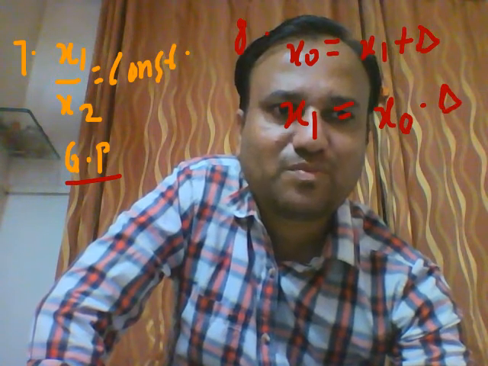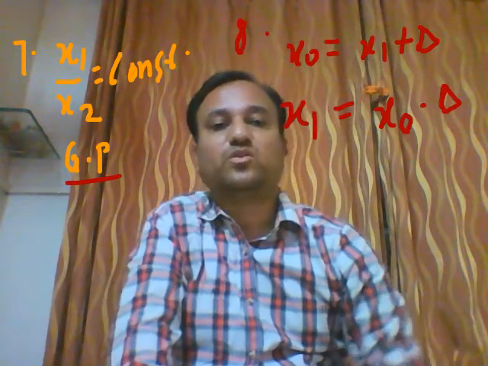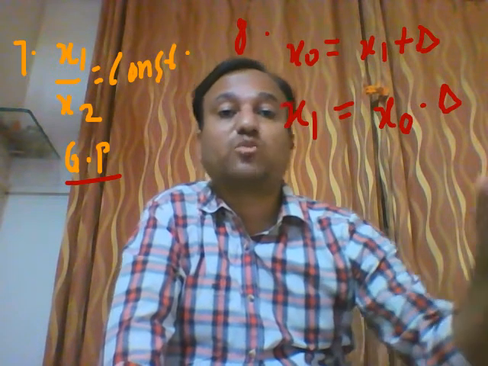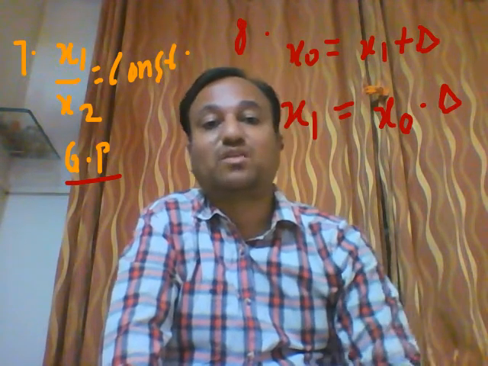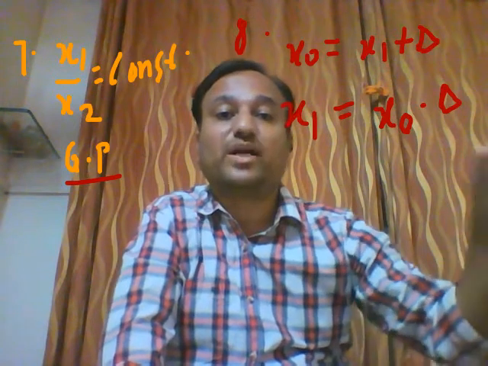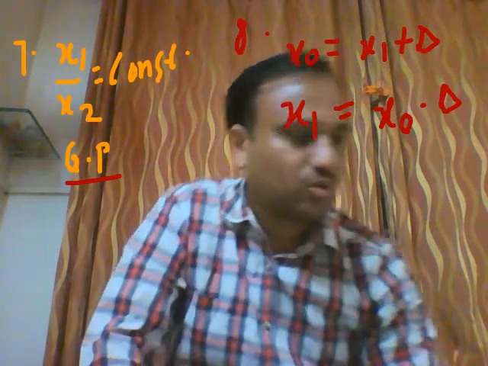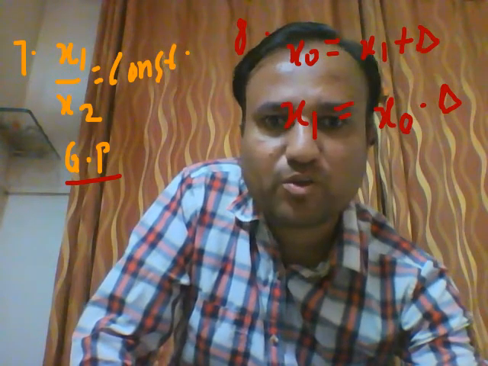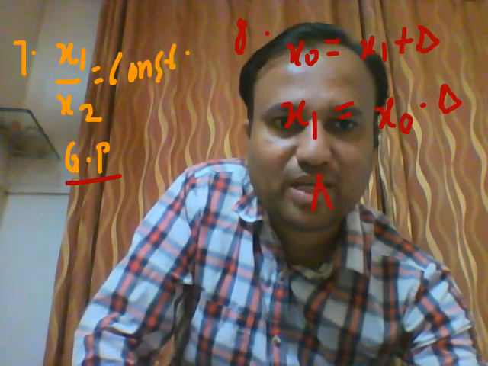So delta is the decrement in the amplitude. For the next cycle, x2 is equal to x0 minus 2 delta. For the next cycle, x3 is equal to x0 minus 3 delta. So the variation of decay in the amplitude, student, is an arithmetic progression.